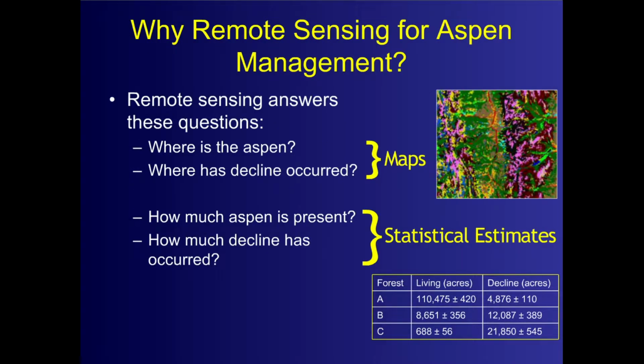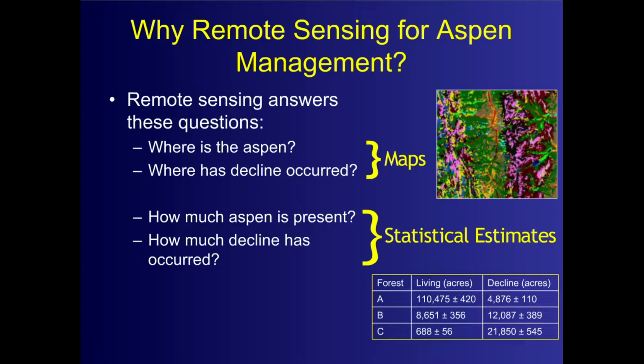Now, let me just talk briefly about why remote sensing might be beneficial for aspen management. We can answer two basic types of questions with remote sensing. One is the spatial aspect of where is aspen, or where has decline occurred, so we'd be talking in terms of a map.